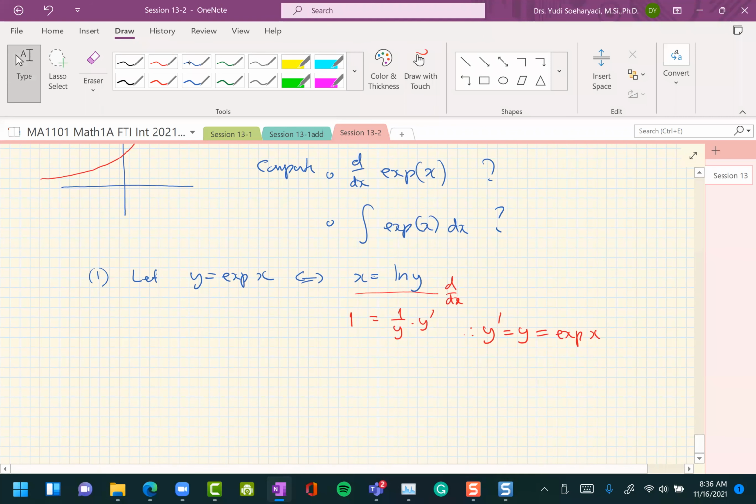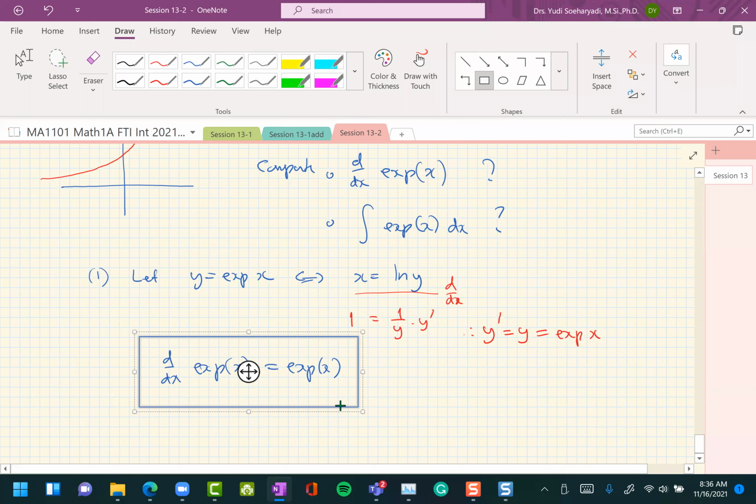So then we get this formula: d/dx of exp of x is again exp x. In fact, this is the only function that doesn't change anything if you take the derivative. If you have a polynomial, for example, each time you take the derivative the power is reduced by 1, but this function doesn't change anything. It remains exp.